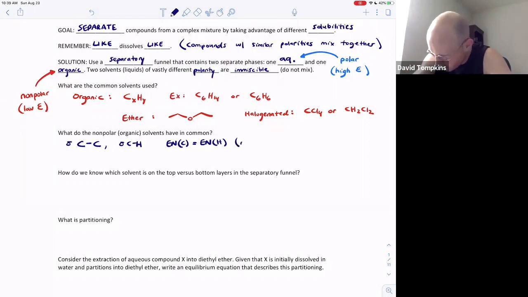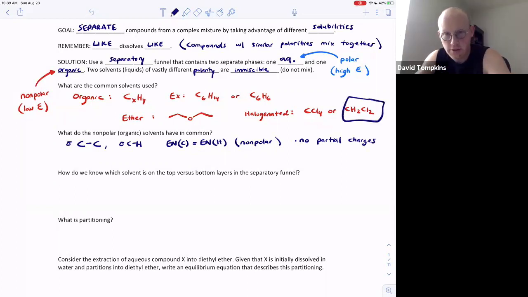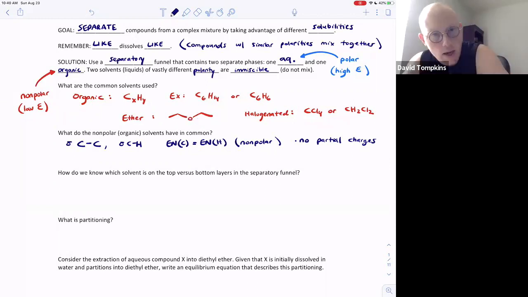So what that means is these C-C and C-H bonds are generally nonpolar, or there are no partial charges or permanent bond dipoles within these structures. Now, introduction of a halogen such as chloride or an oxygen, those do induce slight bond dipoles. But for the most part, compared to water, these are still very nonpolar.